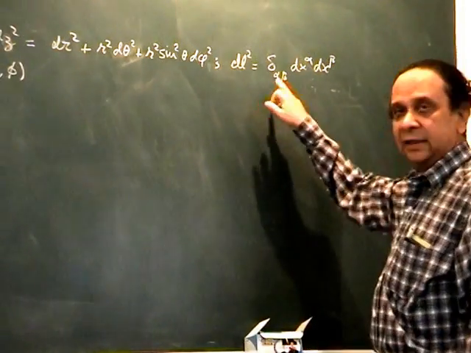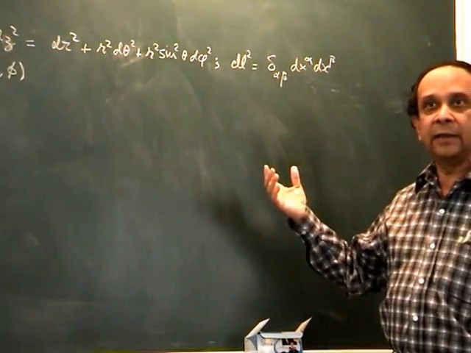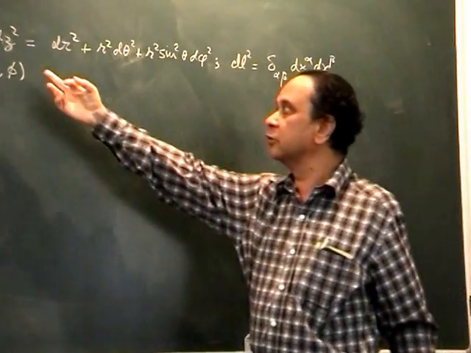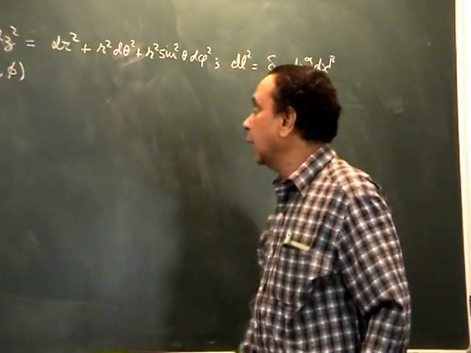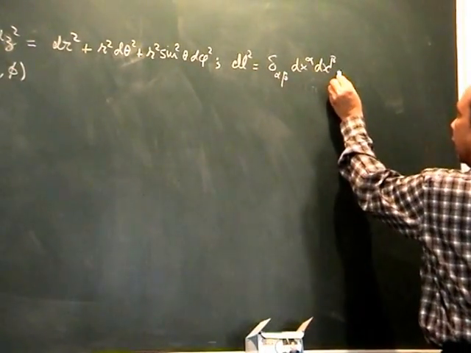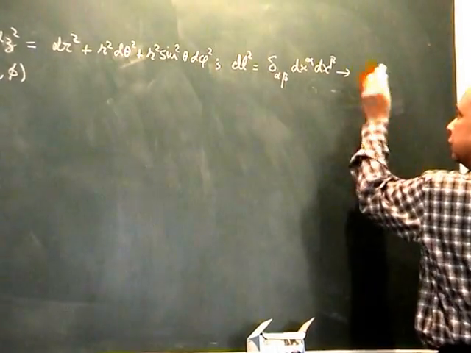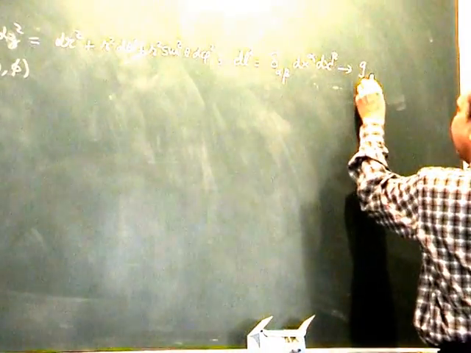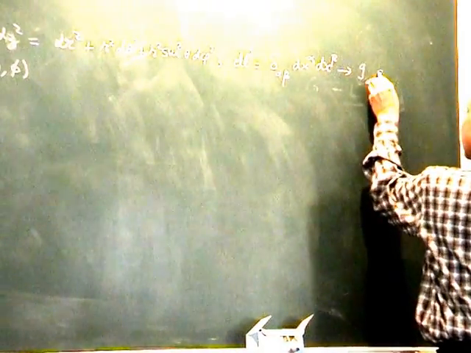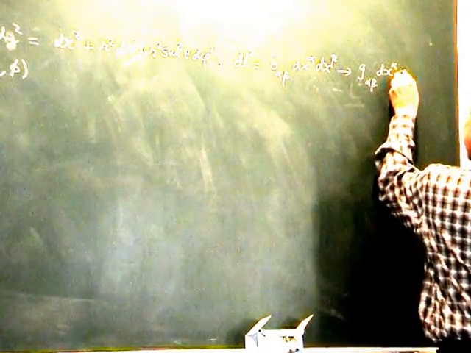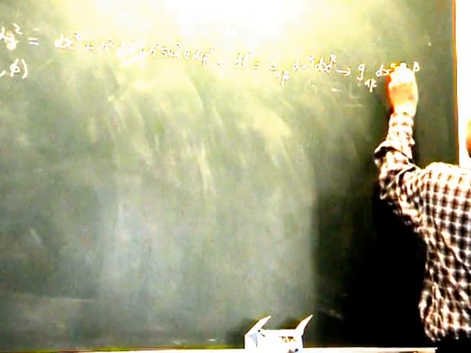Okay. So delta_alpha beta is the normal Kronecker delta function, and this is going to reproduce this quantity for you. But what does it become here? This one is going over to something which I will call g_alpha beta dx^alpha dx^beta in some new coordinates.